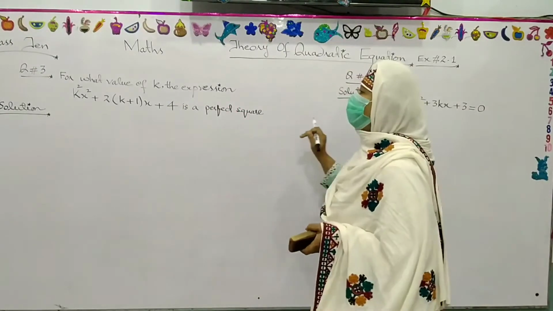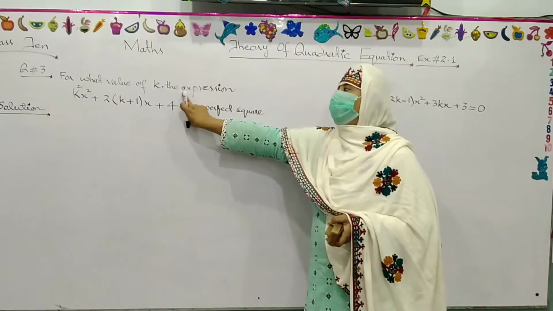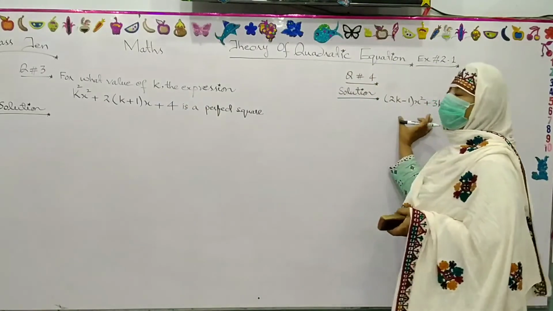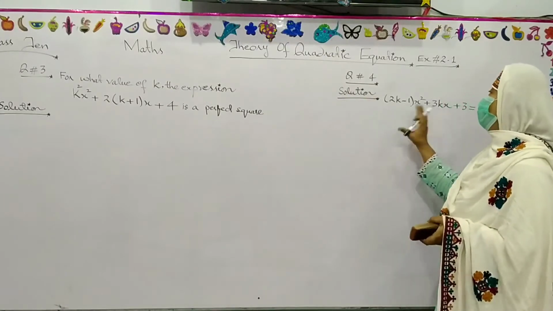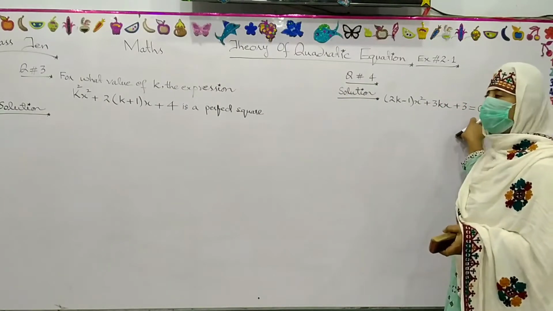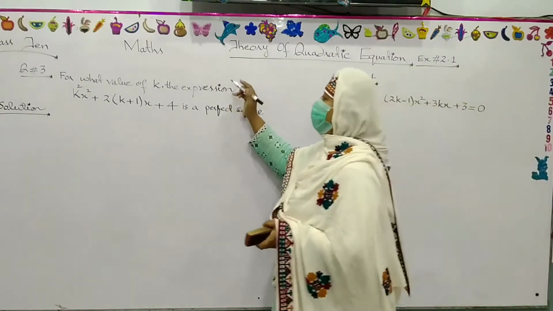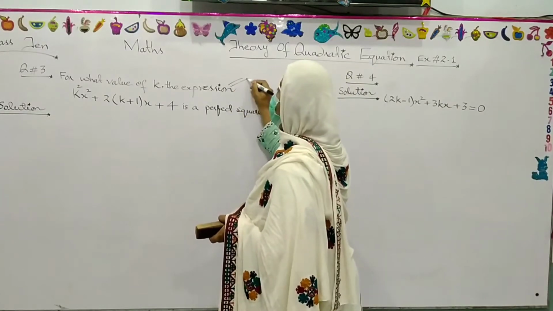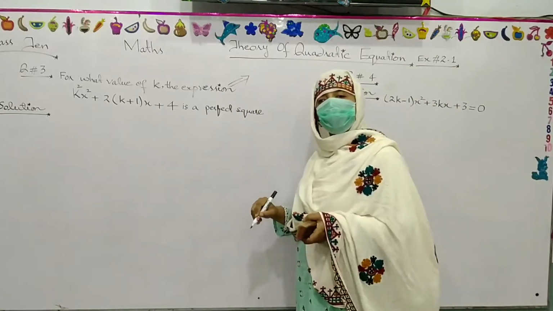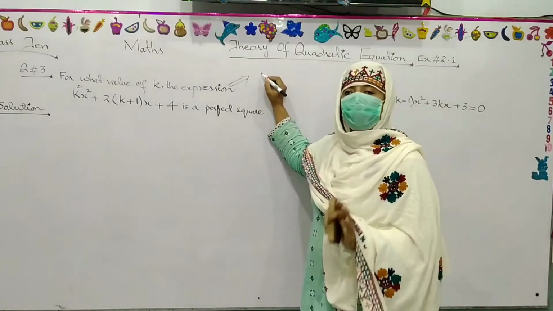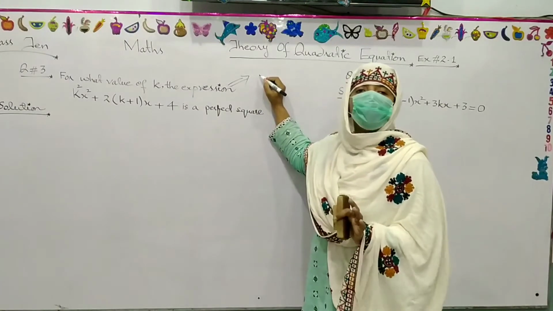First of all, I will tell you the difference between expression and equation. In question number 4, you are provided an equation. What is expression? Expression is a combination of algebraic sentences by arithmetic operations.